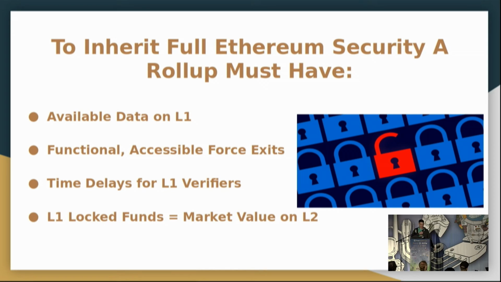And fourth, the layer 1 locked funds have to be equal to the market value on layer 2. There's nuance to this, but generally, if the validators and sequencers become evil, then the value you can bring back by force exiting has to be all on layer 1 Ethereum. So if it's on layer 2 and you have native assets that are significantly more valuable that are being brought down to layer 1, then those assets are not fully protected by the rollup structure.